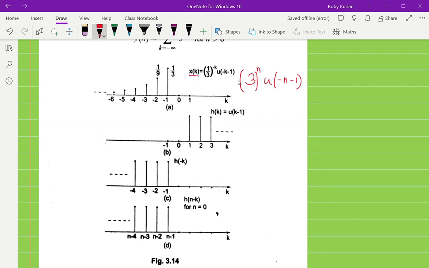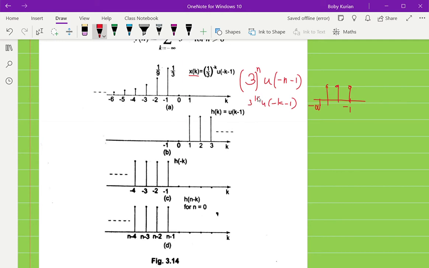So in place of n, we give k. Then 3 raised to k, u of minus k minus 1. u of minus k minus 1, which I have just shown, is ranging from minus infinity to minus 1, having 1 from minus infinity to minus 1.